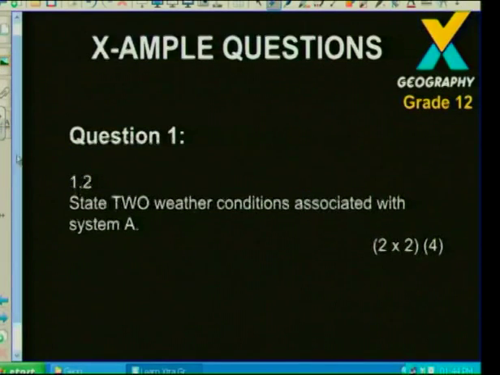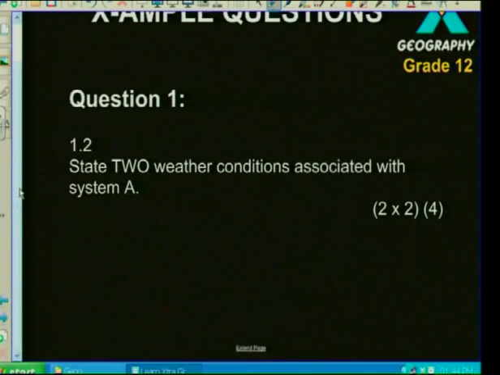So 2 weather conditions can be any 2 weather conditions, all right? We don't have to be over specific. State 2 weather conditions. It didn't refer to the article, but we can talk about strong winds, all right? Or we can talk about hurricane force winds.